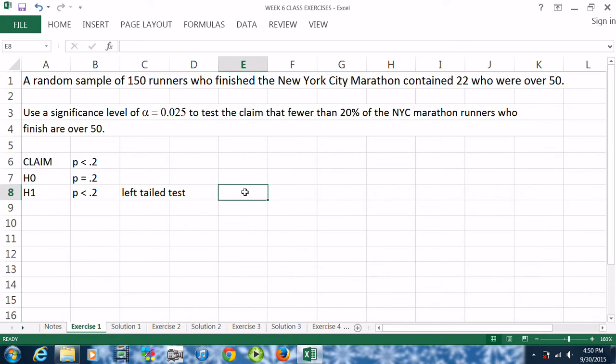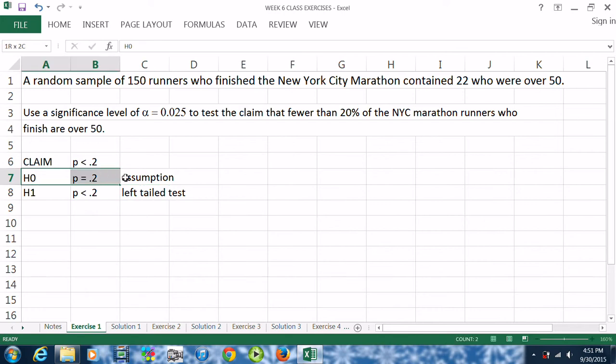If the probability of being that far to the left of 0.2 is unlikely, then it's more likely our assumption in the null hypothesis is wrong. So think of the null hypothesis as the assumption under which this test is conducted.